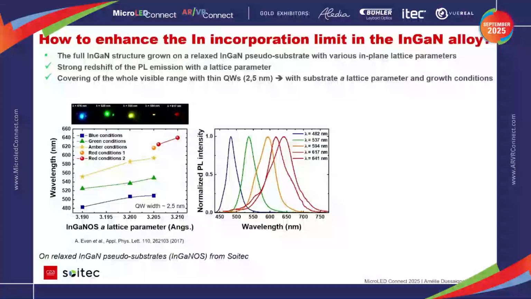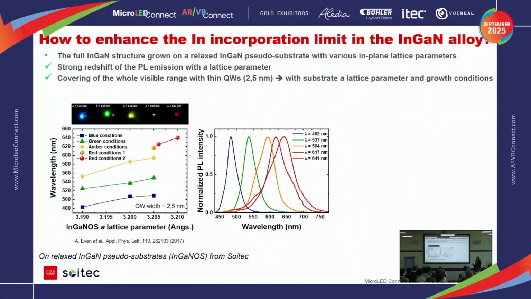In the past, we grew full InGaN structures on an InGaN pseudo-substrate fabricated by Soitec, called InGaNOS, and the substrate had various in-plane lattice parameters. We grew different quantum wells with different growth conditions that we call blue, green, amber, and red.